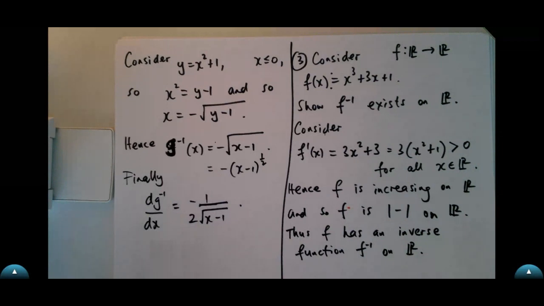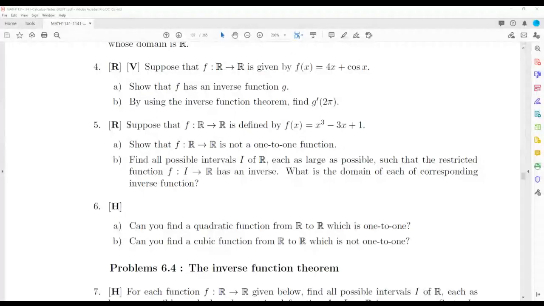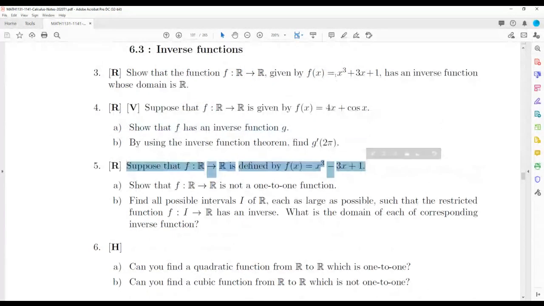All right, question 5. Okay, let me share my PDF back with you. All right, question 5. Suppose that a function is this polynomial now. So this is a bit different to the previous polynomial.